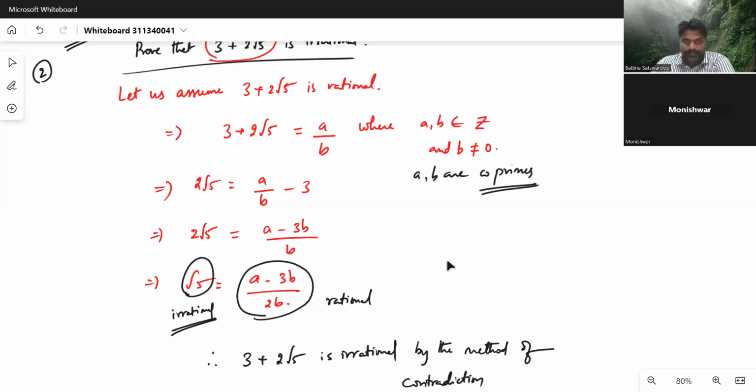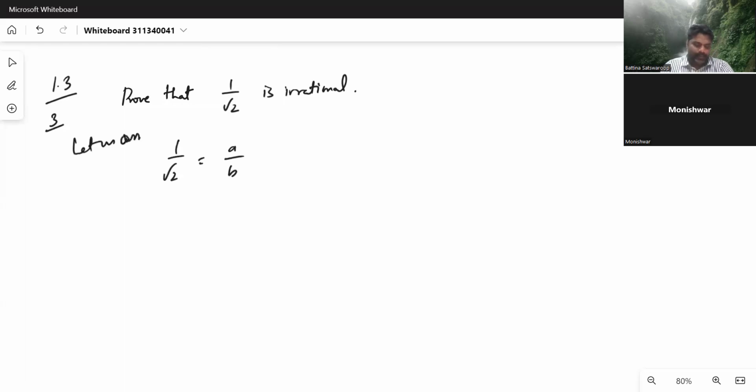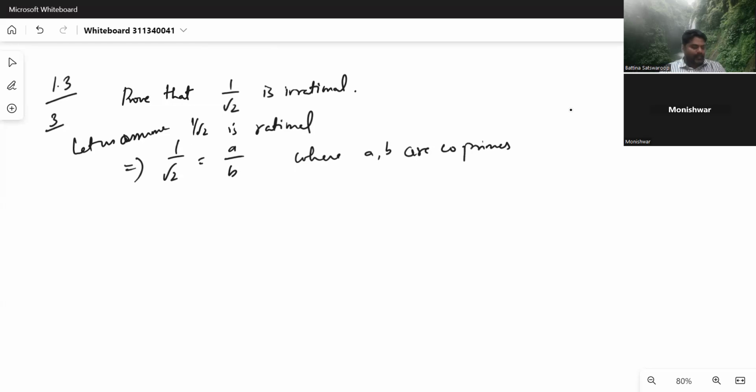Next question, sir. Prove that one by root 2 is irrational. Again the same story, sir. Let us assume 1 by root 2 is rational. That will mean 1 by root 2 is equal to a by b, where a, b are co-primes and b is not equal to 0.